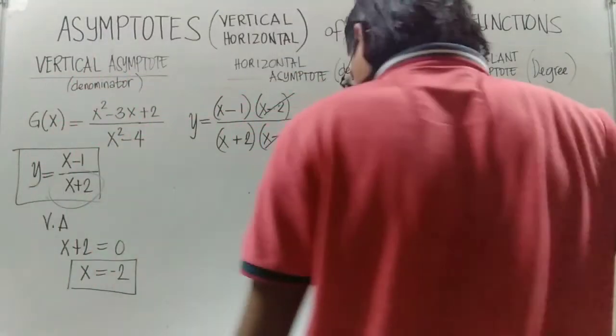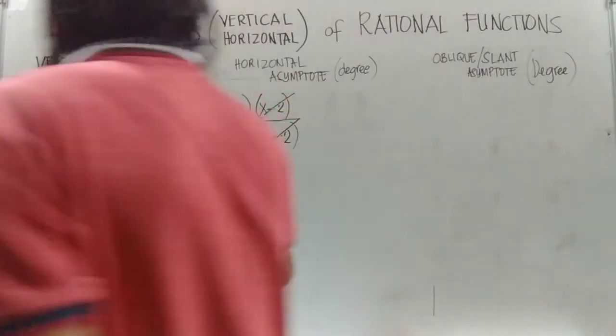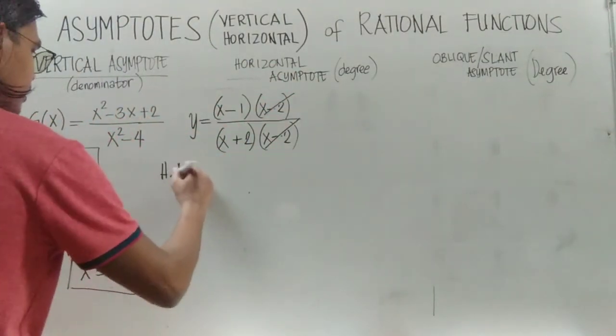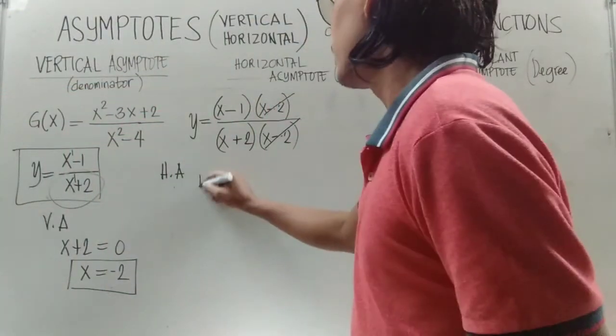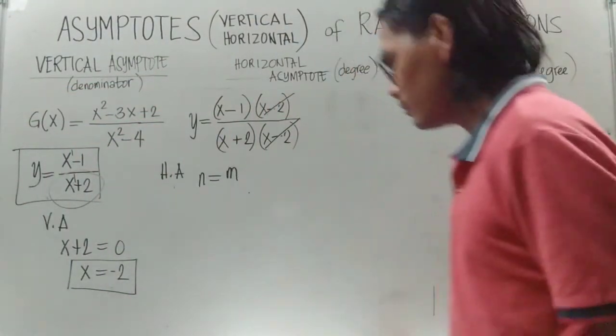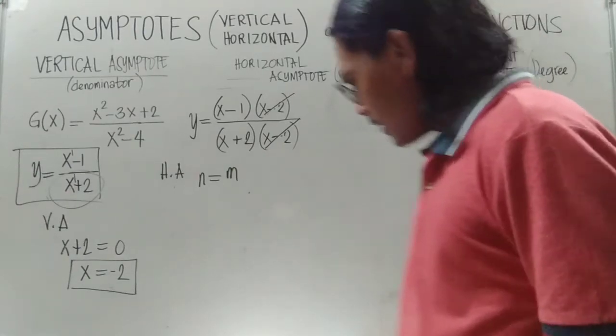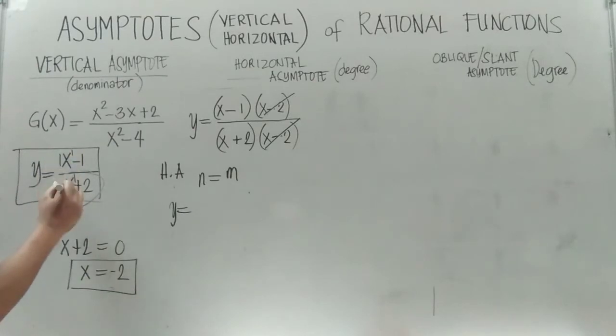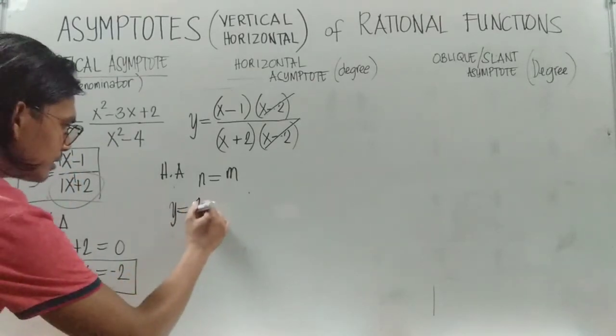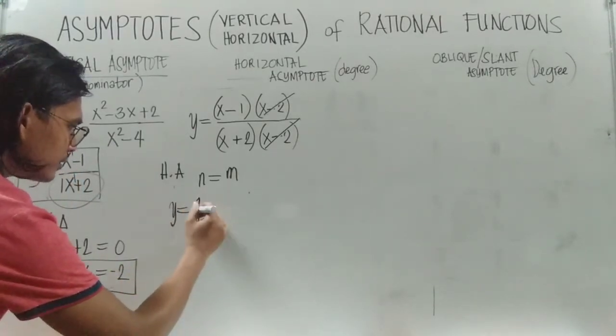Going to your horizontal asymptote, compare the degree of the numerator and the denominator. Both are of linear degree. So when the degrees are equal, n is equal to m on our condition, so we have to divide the numerical coefficients, 1 divided by 1.